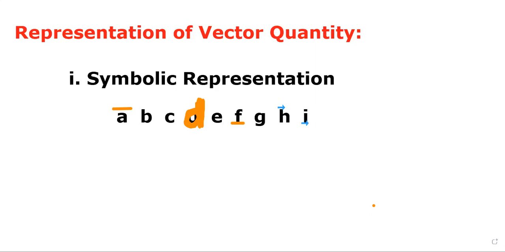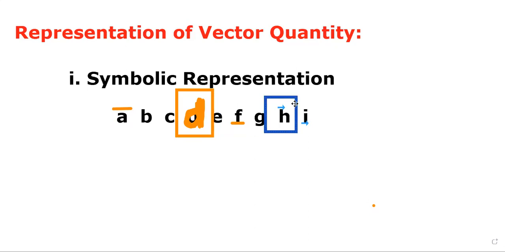So the first representation is that it may be a bold letter. If a letter is comparatively bold, then it would be a vector quantity. If we have an arrow on it, like in physics we use an arrow on any letter, but this is the representation for maths.